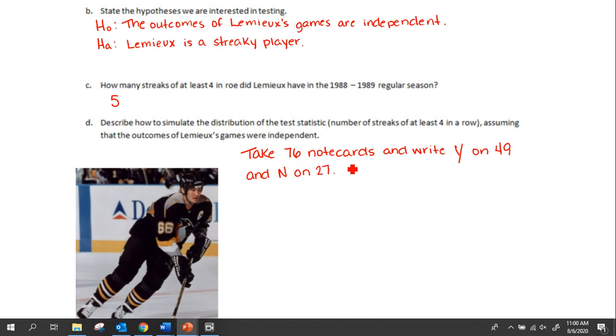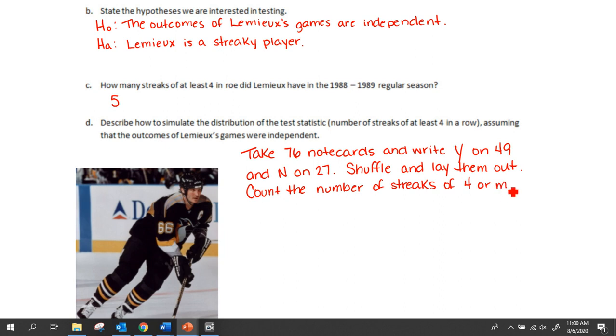So yes, a goal, and not a goal. Then we would shuffle and lay them out. Count the number of streaks of 4 or more. Plot on a dot plot and repeat many times.